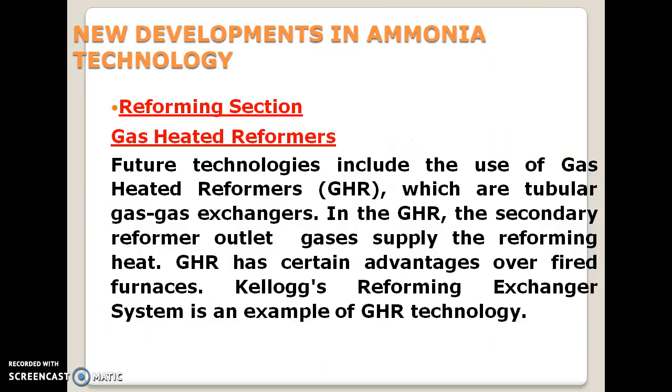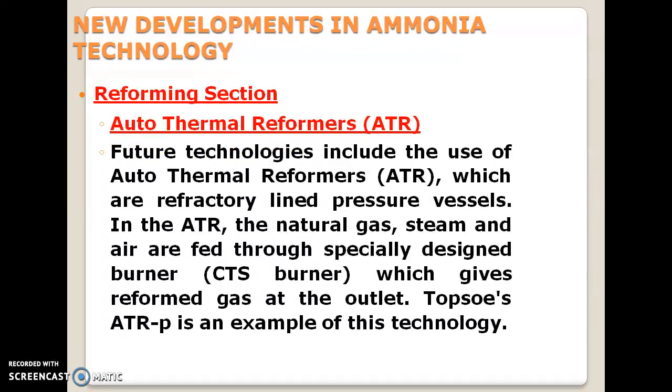Now one of the taxing technologies here is the reforming technology. People have used a gas heated reformer, basically a tubular gas exchanger. The energy efficiency of this process will decide ultimately the overall economy of ammonia production. Then they developed the autothermal reformer to make it more efficient in terms of energy use.